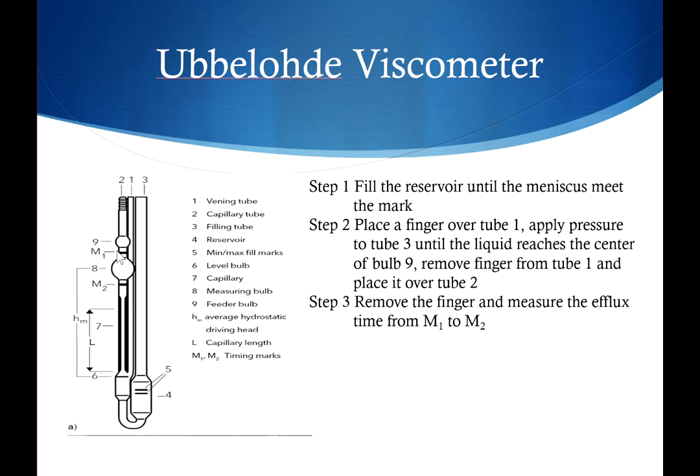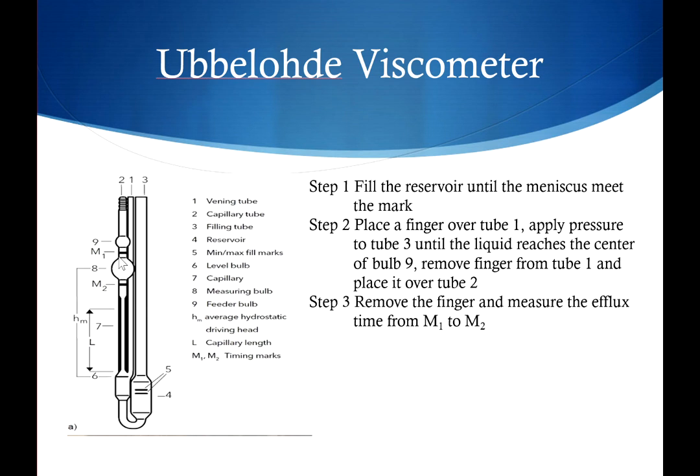Then our step 3 is to remove our finger and measure the efflux time from M1 to M2. So we have our water level here, for example, and we have our stopwatch ready. When we take out our finger, water will start going down, and we start our timer at M1 and stop it at M2.